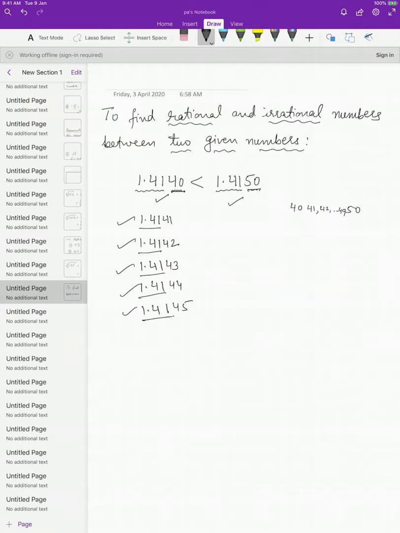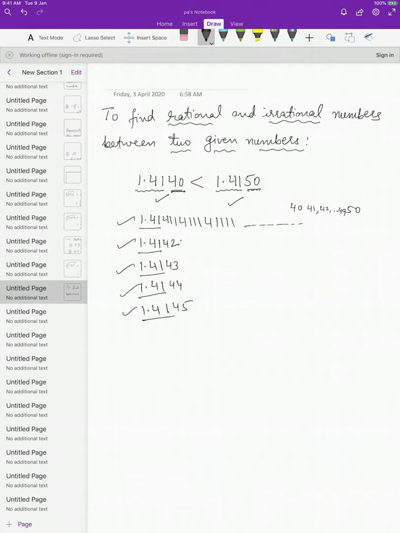Now the question arises, if you have to find irrational numbers. If you have to find rational numbers, this is okay because they are terminating decimals. If you want to make them irrational numbers, the beginning should be the same as for rational numbers. Then you can make it non-terminating, non-repeating decimals. 4141, 1, 4, 1, 1, 1, 4, then 4 times 1 and so on.